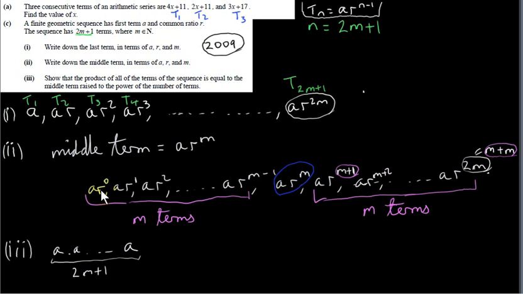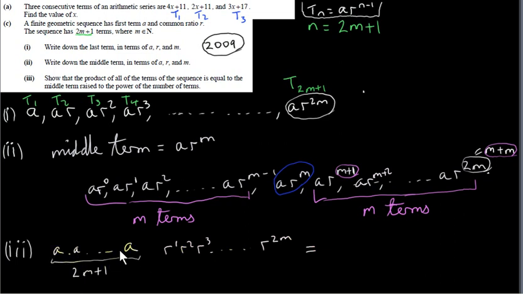Well, we can forget about r to the power of 0, that's just 1. We have r to the 1 by r to the 2, all the way up to r to the power of 2m. How many r's is that? Well, that's just 2m r's.